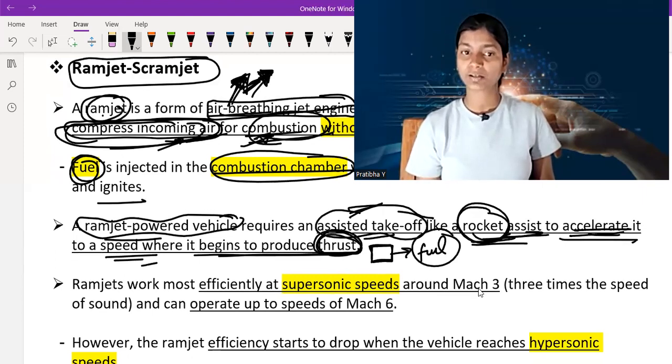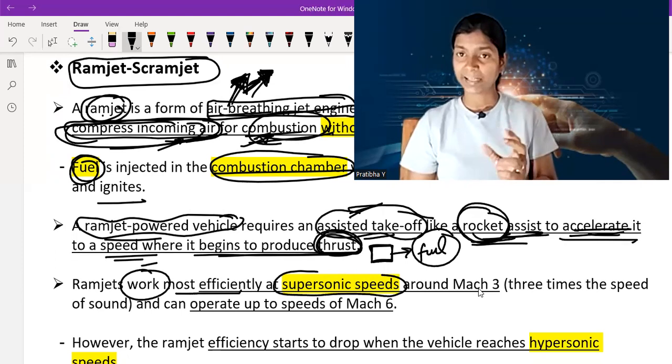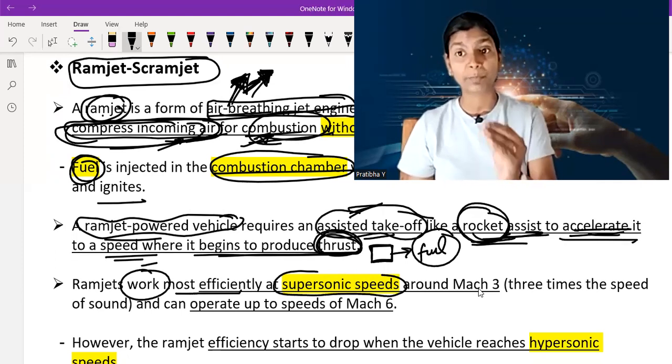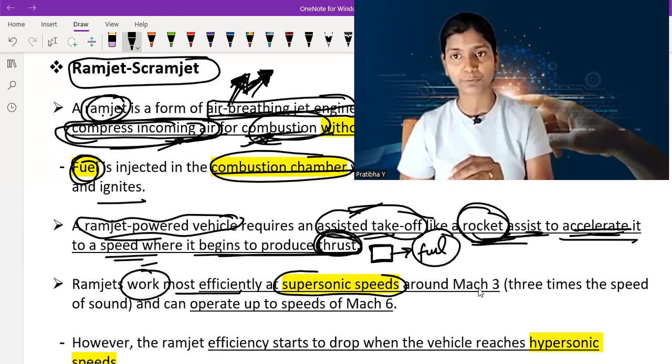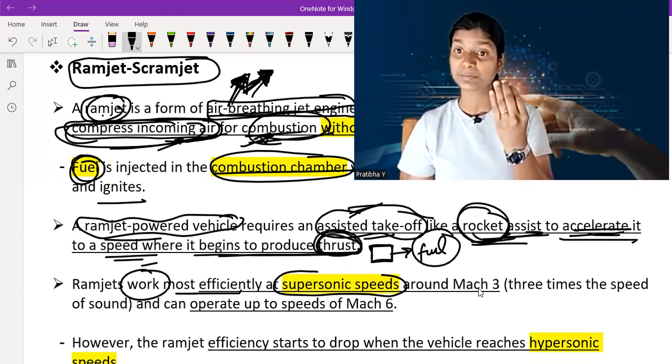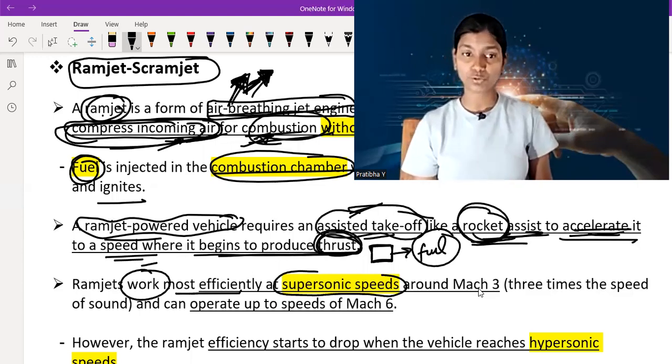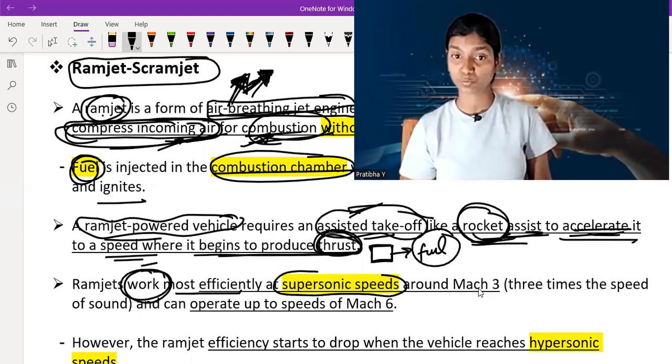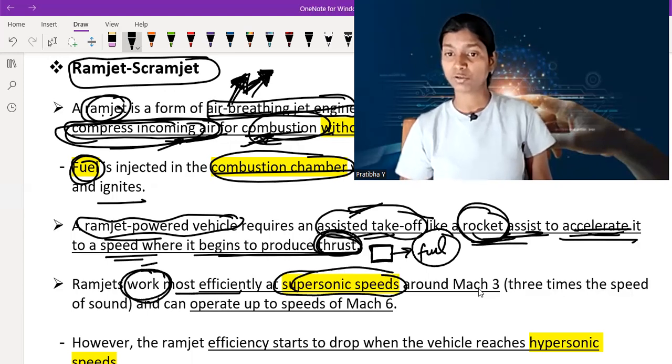Ramjets work most efficiently at supersonic speed. Because when speed is high, the ramjet uses that speed to compress the air, mix it with the fuel, and ignite. So it uses its speed to create combustion. Ramjets work most efficiently at supersonic speed, that means around Mach 3.